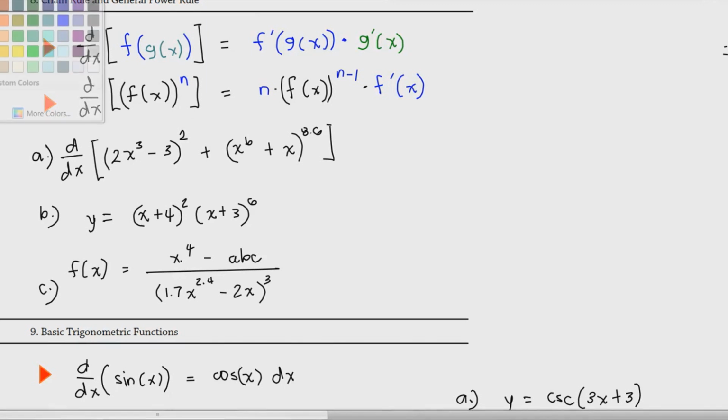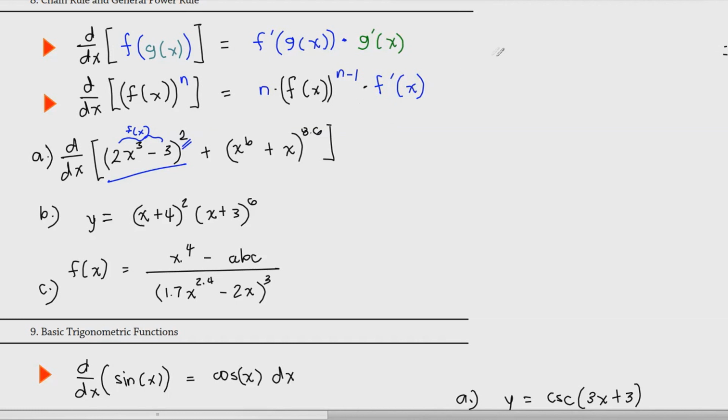So with that, let's dissect each of them so that you won't get confused. I'll be starting my solution, let's just use one color, with a blue color for (2x cubed minus 3) quantity squared. In this case, the derivative of this function is simply applying the general rule that we have. Since this is the function f of x, it says here that if you have an exponent, you just have to do this and then take the derivative of the function that's inside.